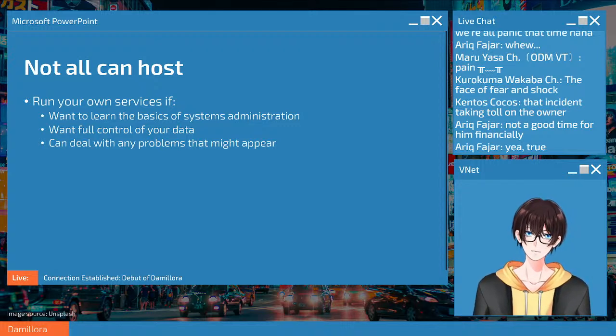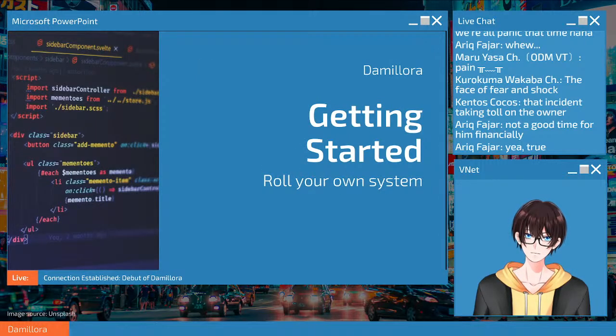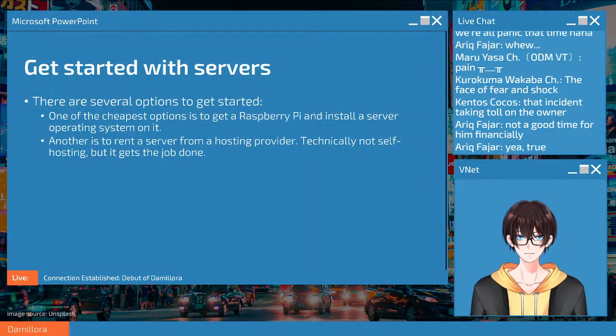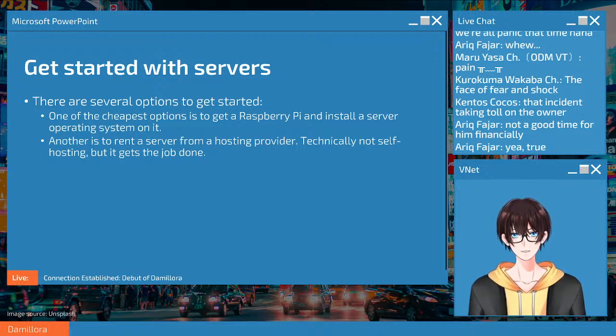So with that in mind, let's talk about how to run your own system. I would say there are basically 2 options that I use. One is just buy a Raspberry Pi and install a server operating system on it.